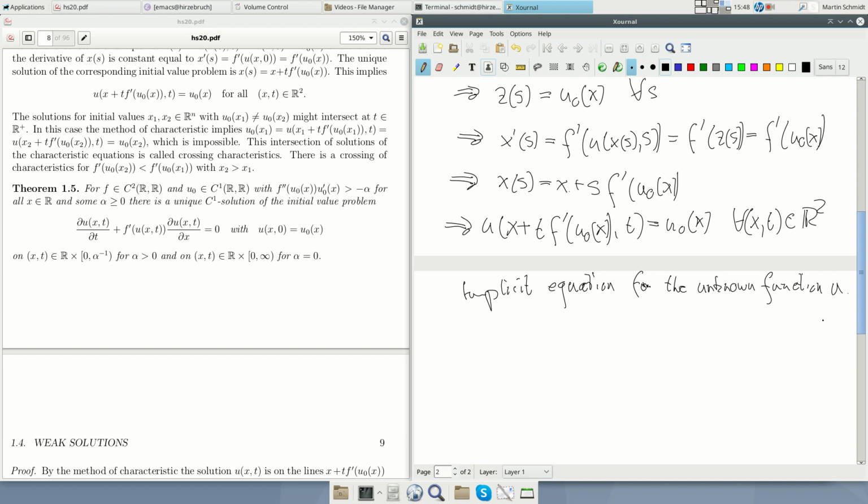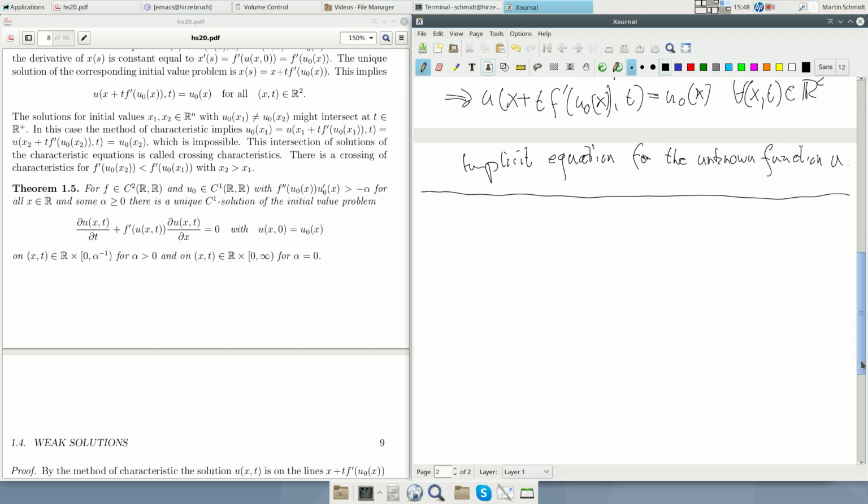Now let's look more carefully at this. How do these lines look? Here we have t and here we have x, and we have these straight lines.